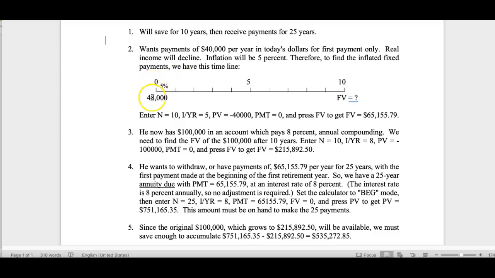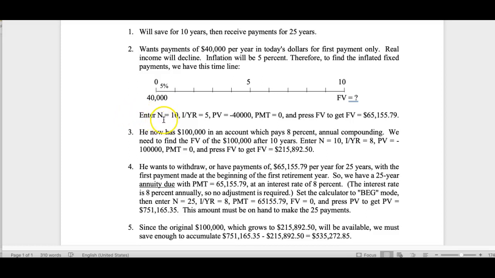Here today at $40,000, growing at 5%. So what will that be in 10 years? We can put this in our present value or future value calculation. Future value equals present value times (1 + r) to the t power. Or we can enter it into our BA II Plus, which I have here.